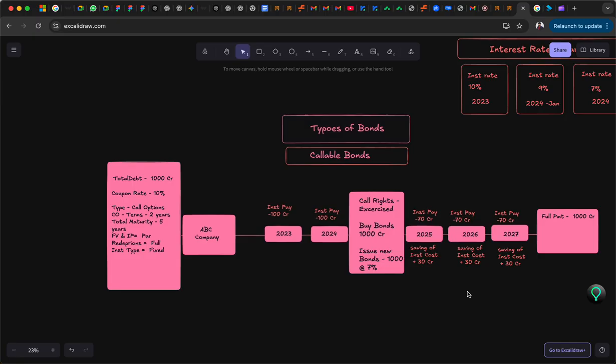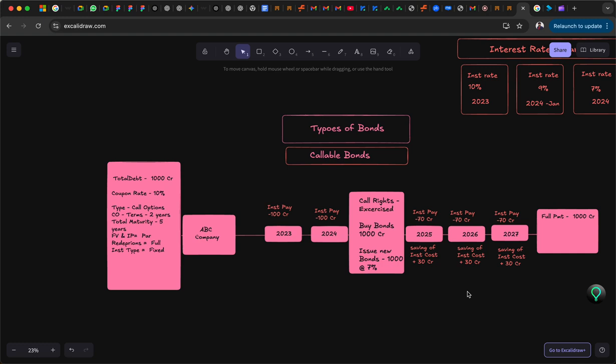Meanwhile, just ask the investment banker to manage this entire show, issue the shares or bonds in the market, means reissue the bonds in the market, and you can focus on your business. Just pay 10 crores to them, they'll manage the entire show, and they'll help you save your 30 crores per annum by reissuing new shares, and this comes under restructuring of debt capital.